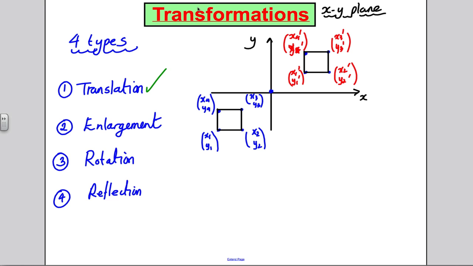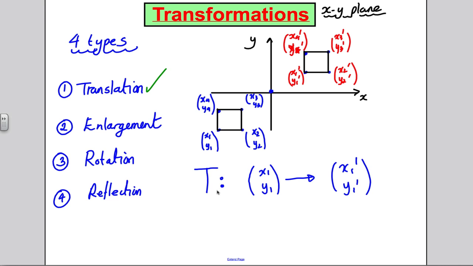Now, I can represent this translation. I can call it a transformation T. And I know that when you put in x1, y1 into this transformation, out comes x1 dashed, y1 dashed.